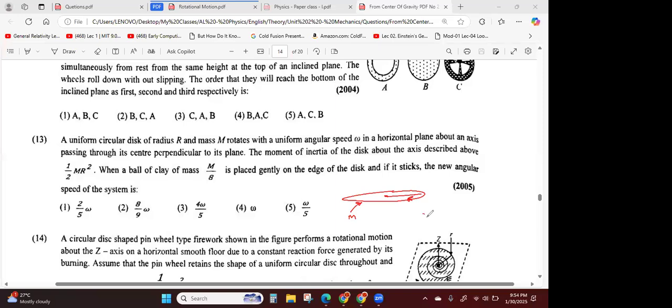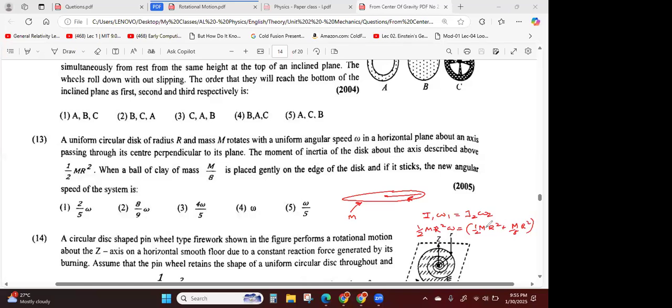So we can write angular momentum conservation. Therefore I1 omega equals I2 omega 2. I1 is half MR squared into omega, equals I2. Now we have to add both the inertias after adding that mass: MR squared over 2 plus the mass of the ball, which is M over 8, so M over 8 R squared.